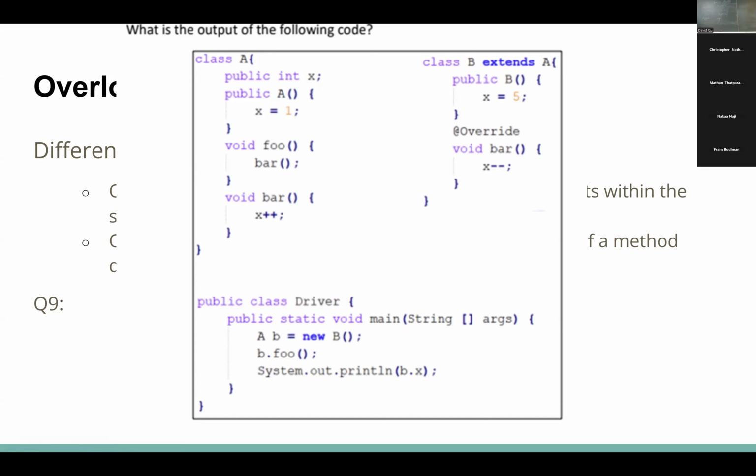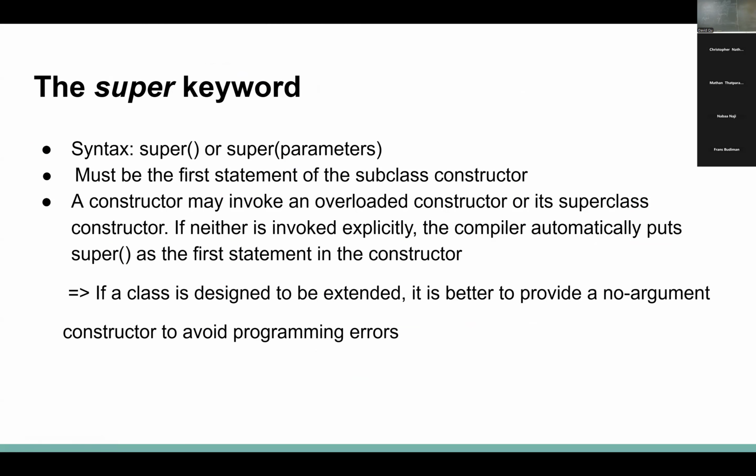Okay, let's go to the next one. Yeah, super keyword. I don't think we should spend too much on it, but there's one thing you need to be familiar with, which is if a class is designed to be extended, you had better provide a no-argument constructor to avoid programming errors. Why? Because a constructor may invoke an overloaded constructor or its superclass constructor.